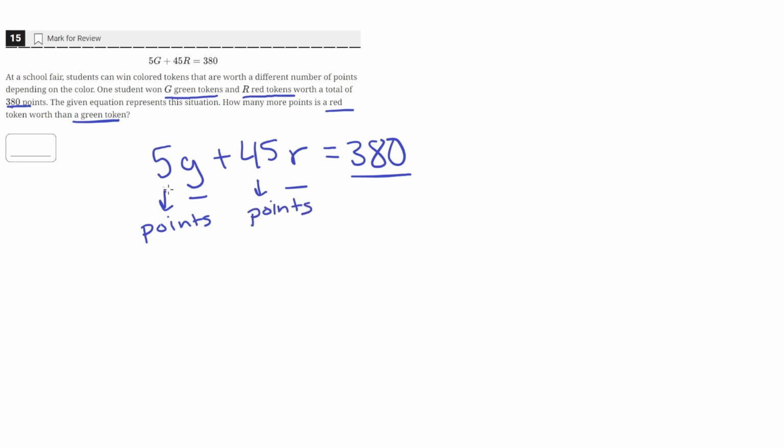Because multiplying 5 with the number of green tokens will give us the total points from green tokens, and multiplying 45 with R, the number of red tokens, will give us the total points from red tokens. So a red token is worth 45 points, and a green token is worth 5 points. So that means a red token is worth 40 more points than a green token. So 40 is the answer.